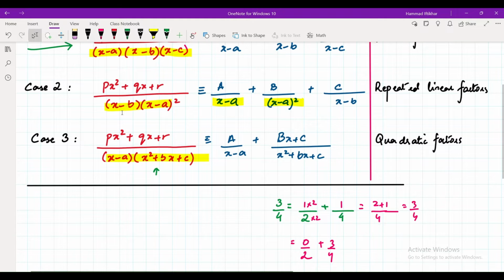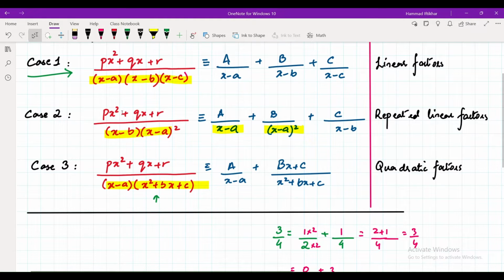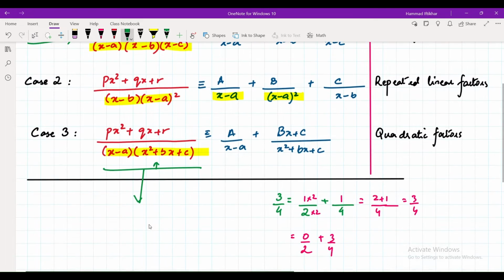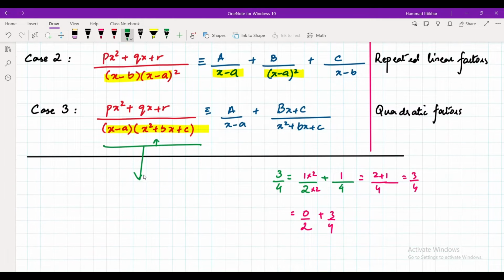Now these cases are easy to spot and we can easily memorize how to decompose them. However, the biggest important thing is that we can only decompose them this way if we are given a proper rational expression.